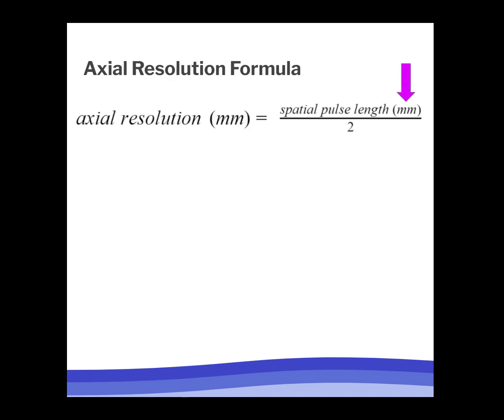Note that because SPL is in millimeters or a distance, axial resolution is also in millimeters or a distance. In ultrasound, the common values of axial resolution are from 1 millimeter to 0.1 millimeters. This means that structures must be at least 1 to 1/10 of a millimeter apart to show up separately on the display.